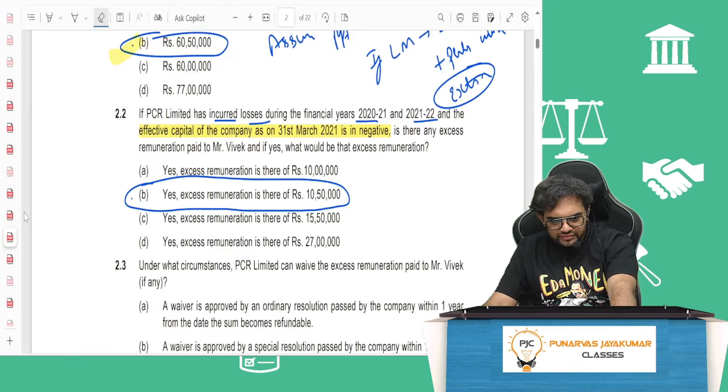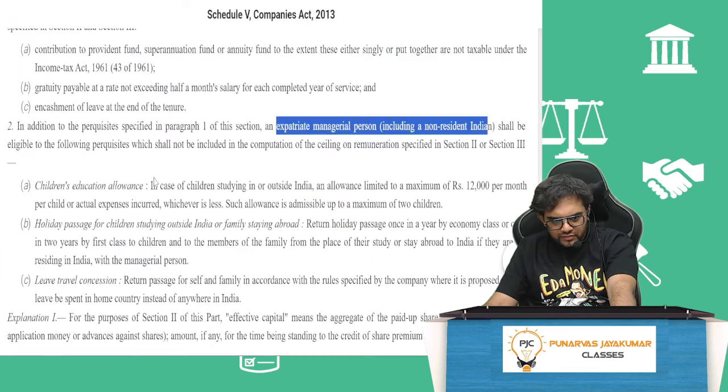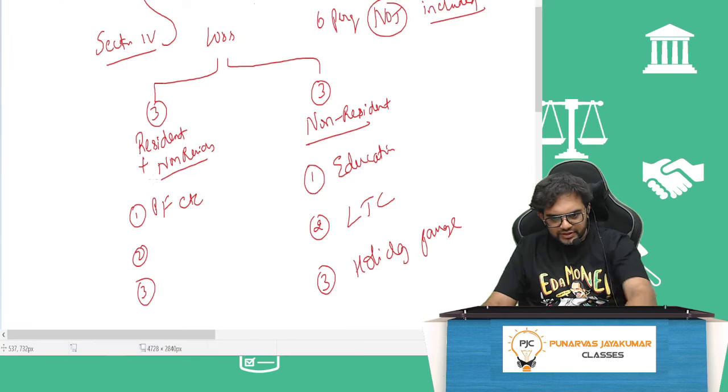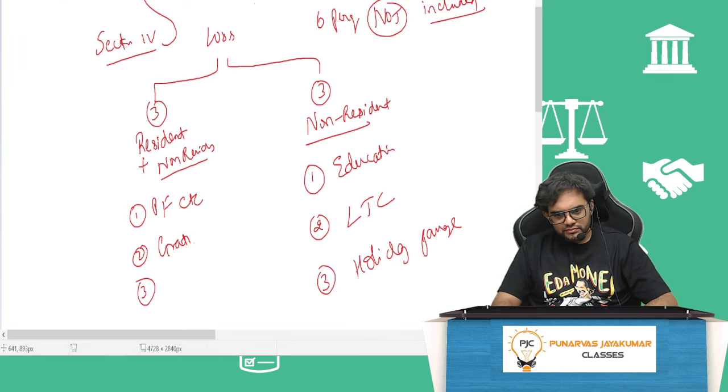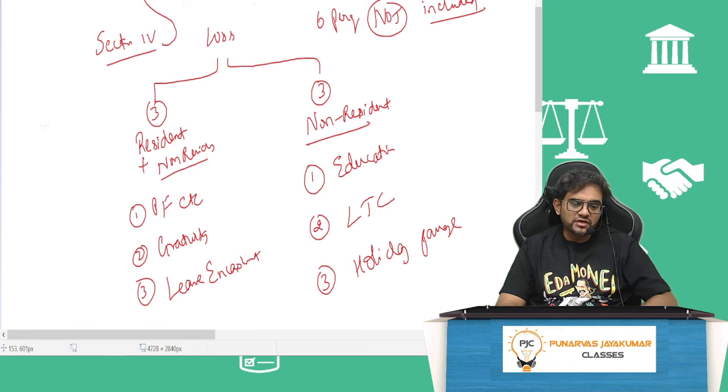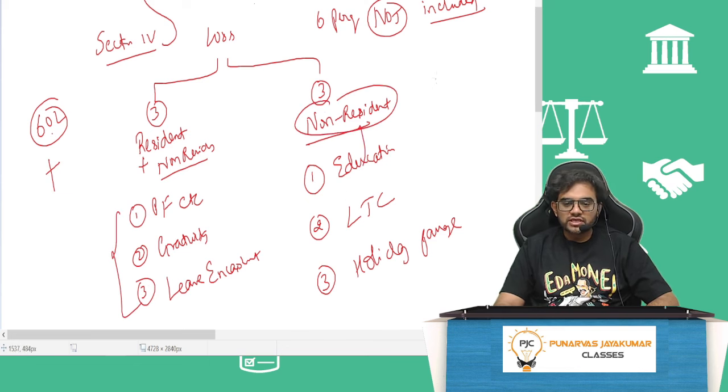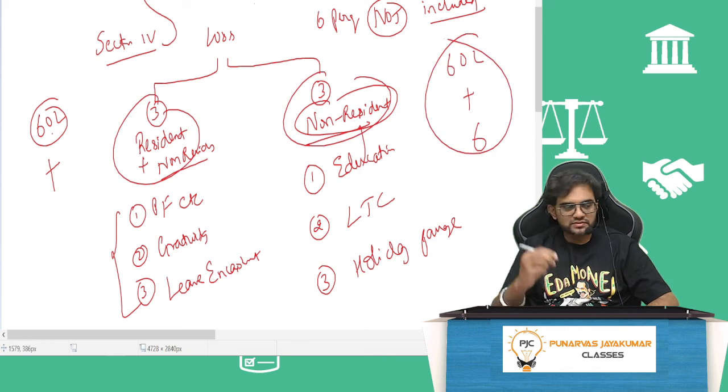And here you have PF, gratuity, leave encashment. Guys, if it's a loss making company and the effective capital is negative, we saw yearly remuneration is 60 lakh in the table. So if you are a loss making company and if you are a resident, you will get 60 lakh plus these three perquisites. If you are a non-resident, you will get 60 lakh plus these three plus these three, 6 perquisites.